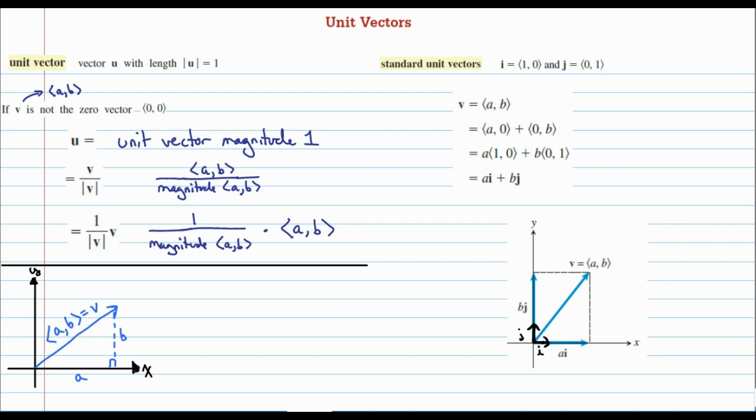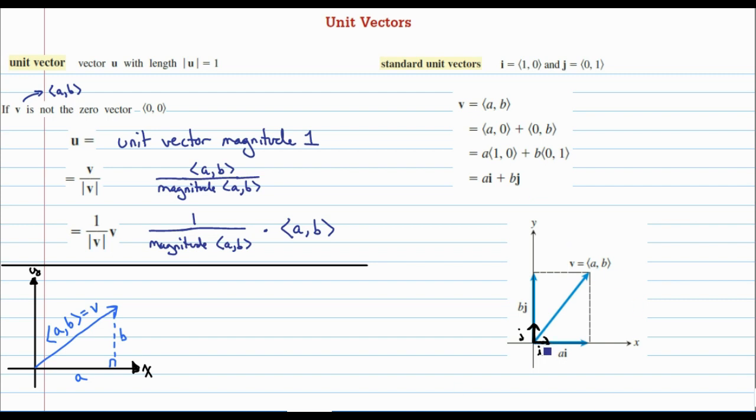In this section we have the introduction of the standard unit vectors i and j. i is the horizontal vector of magnitude 1 and j is a vertical vector of magnitude 1. Basically any vector a comma b can be expressed as a coefficient times i plus a coefficient times j.